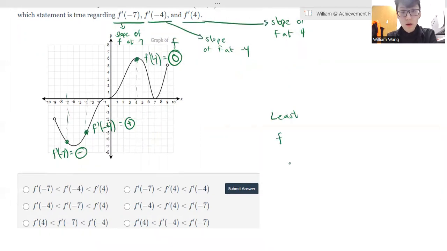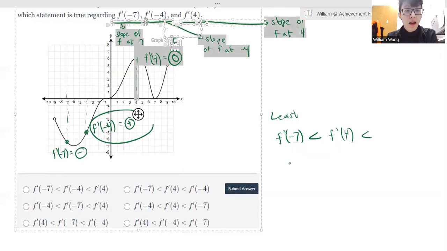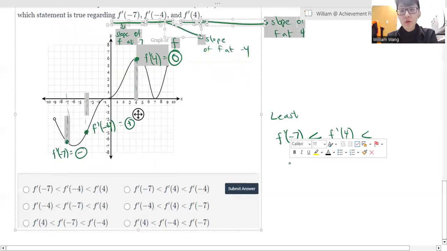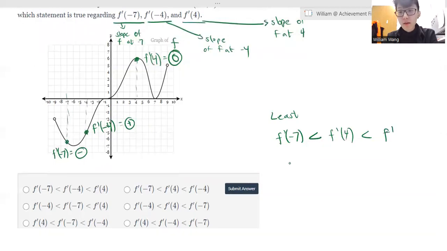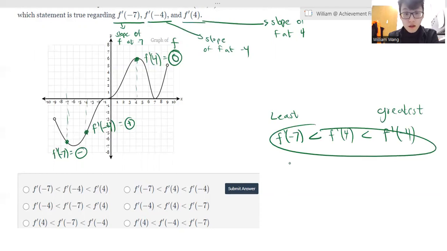So f prime of -7 is less than, well, 0 would come next, f prime of 4, but that is less than f prime of -4, because that slope is positive. So f prime of -4 is the greatest. All right, so I'm going to look for this answer choice. Looks like it is right here. So that would be my answer.